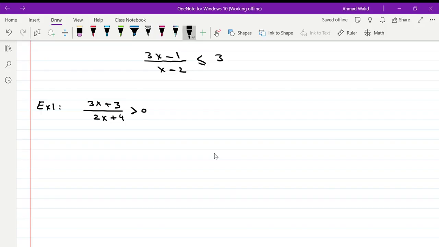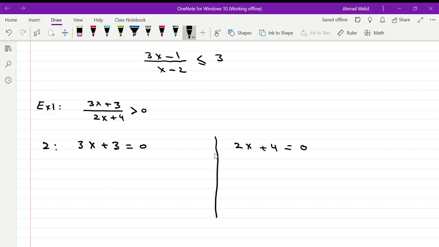Now, in step 2, you would make your polynomial inequality equal to 0. You do the same thing here, but with a little bit of difference. What you do in step 2, you set the numerator equal to 0, 3x plus 3 equals 0, and at the same time, you set the denominator 2x plus 4 also equal to what? Equal to 0.